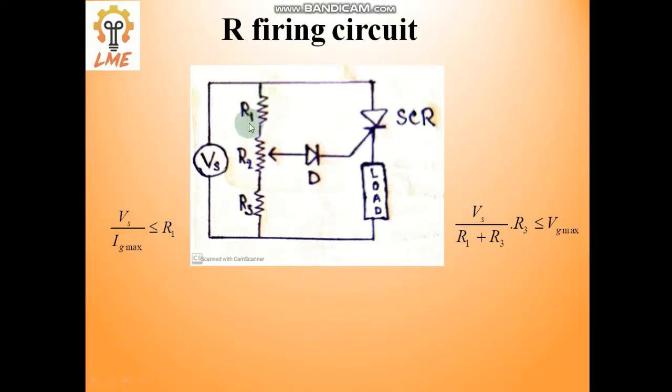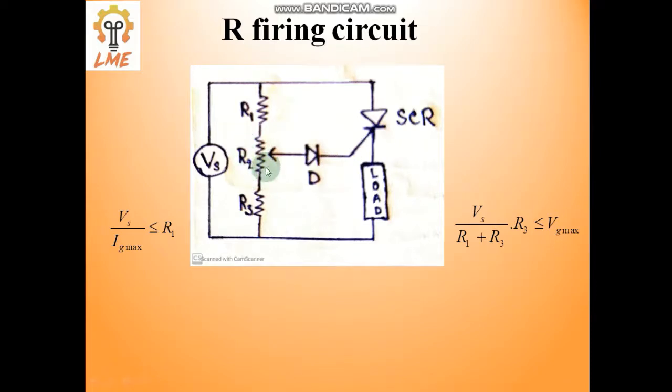R1 should be such a value that if this gate terminal can withstand a current of up to Ig max, suppose there is no R2 and no R3, then R1 itself should be capable of limiting the gate current to less than or equal to Ig max, not more than Ig max, because if the current is more than Ig max, then this terminal will be damaged.